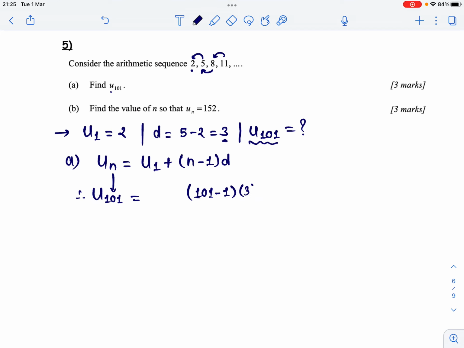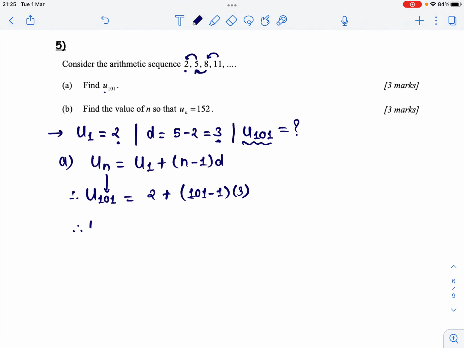Difference is d. Write down 3. u1 is 2. 2 plus. You don't need a calculator for this, because 101 minus 1 is 100, times 3 is 300.